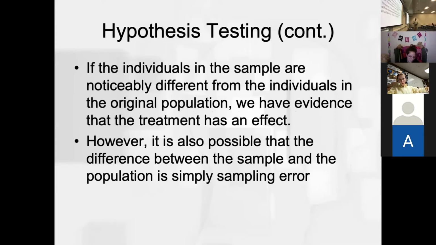So if the individuals in the sample are noticeably different from the individuals in the original population, we can say we have evidence that the treatment has an effect, or the intervention did something.